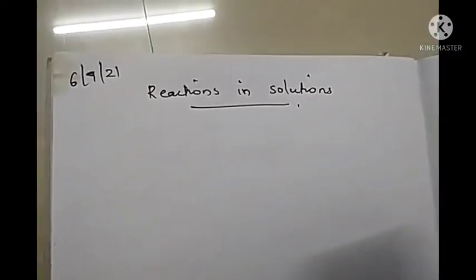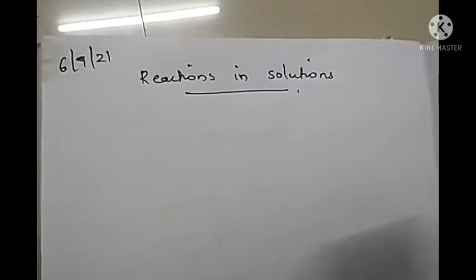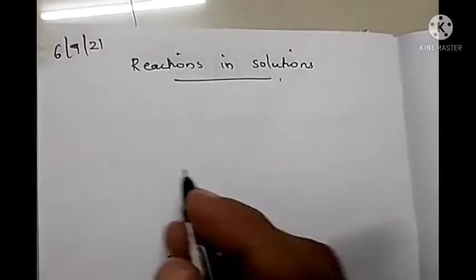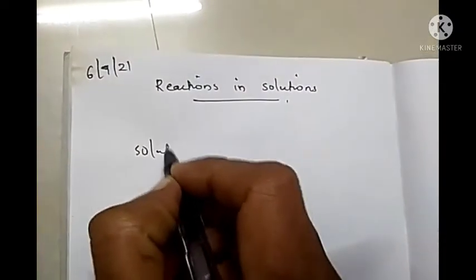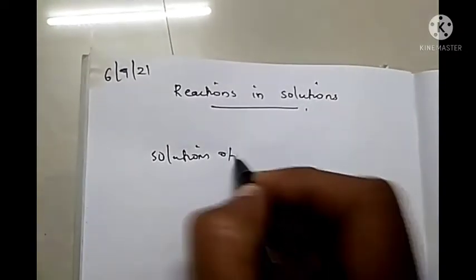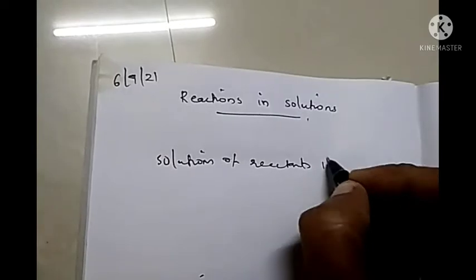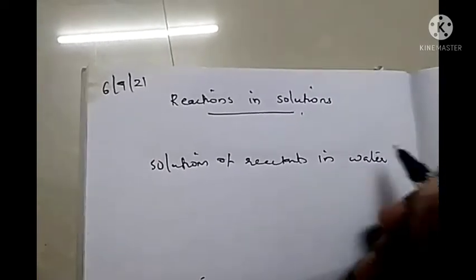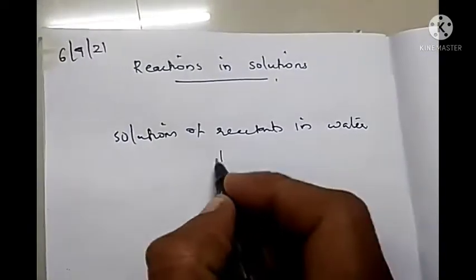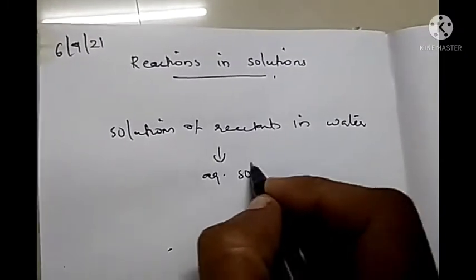So in order to carry out these reactions, we prepare solutions of these reactants in water. That is known as an aqueous solution. The solution of reactants or any chemical substance in water is known as an aqueous solution.